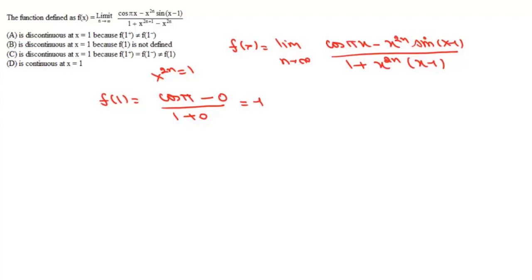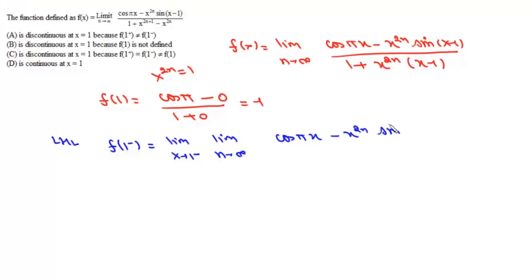Now if we look at its left hand limit, so it will be this f(1 negative), which is limit x tends to 1 negative, limit n tends to infinite of (cos pi x minus x to the power 2n sin(x minus 1)) upon (1 plus x to the power 2n) into (x minus 1).